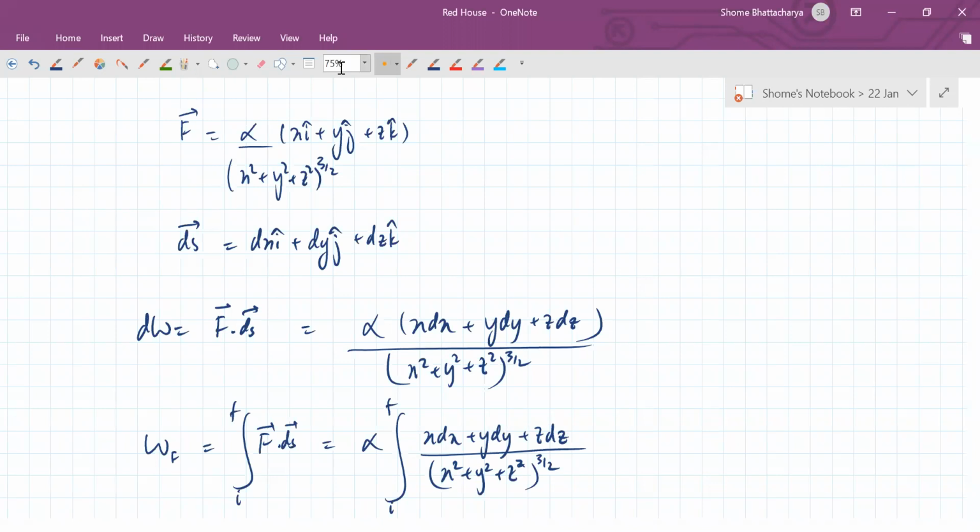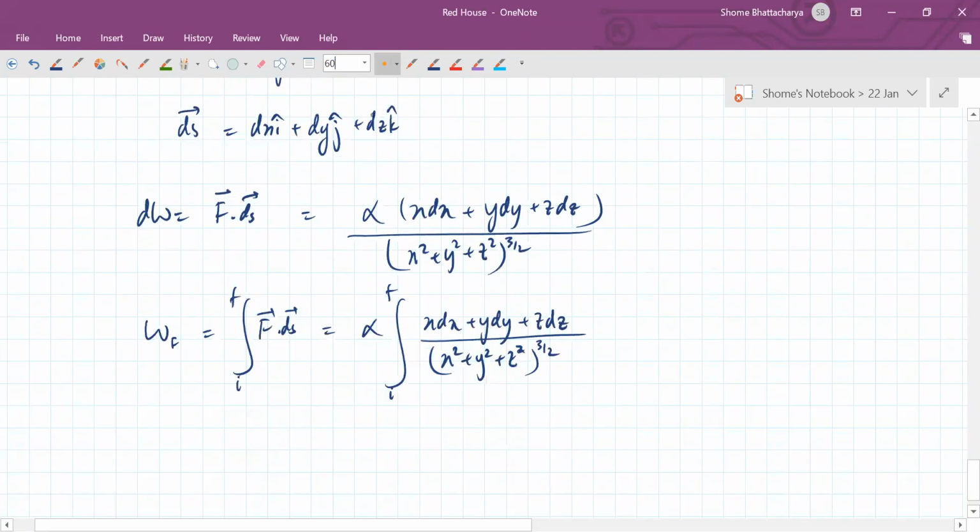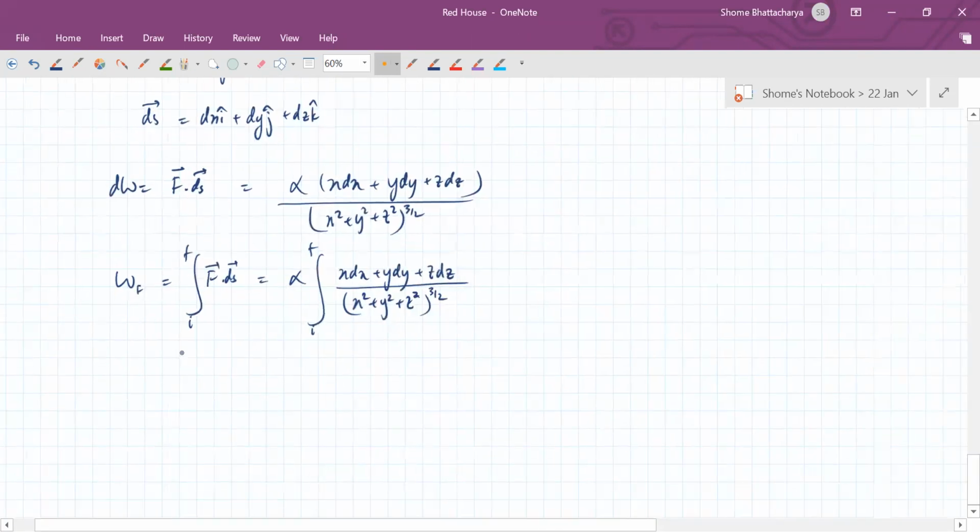So now we will make use of this. You can see that the numerator, which is x dx plus y dy plus z dz, is like a derivative of the term x square plus y square plus z square.